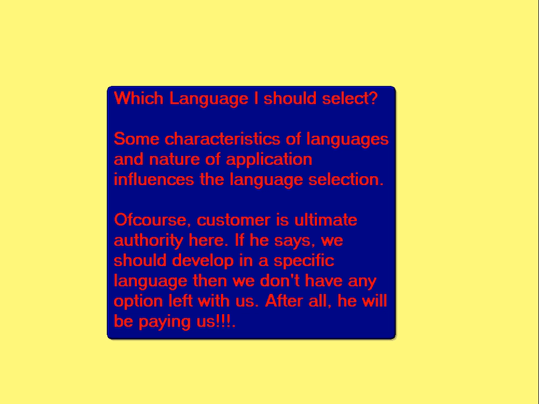Do I select C or do I select Pascal, etc.? Of course, no doubt, the selection of the programming language is also very important, but very often it is very much controlled by the customer. Sometimes the customer comes to us and says that you have to develop the program in C language alone. Then we will not have any option left except developing the things in C language. But if the customer doesn't put any restriction on us, then we have a plethora of options.